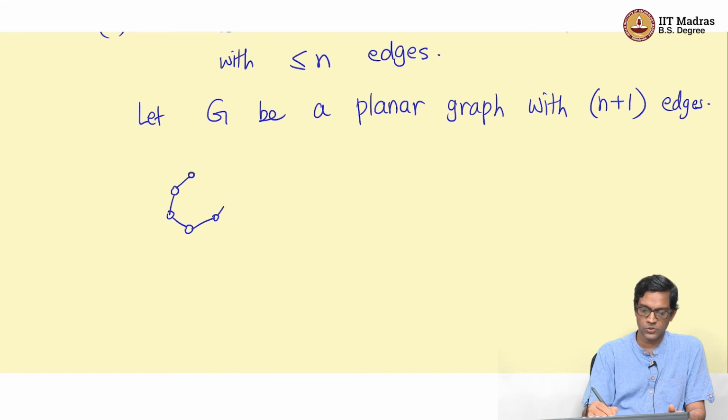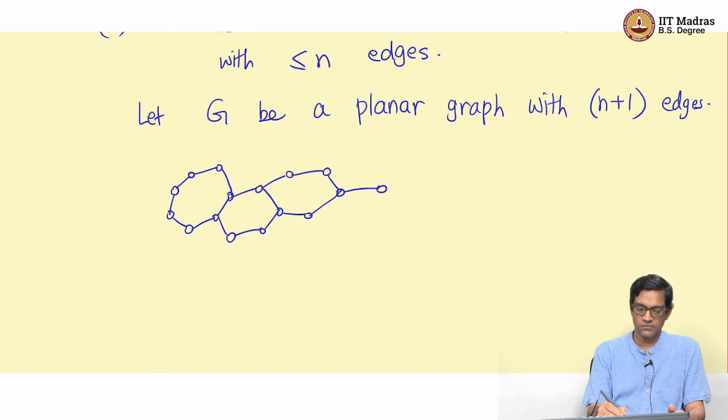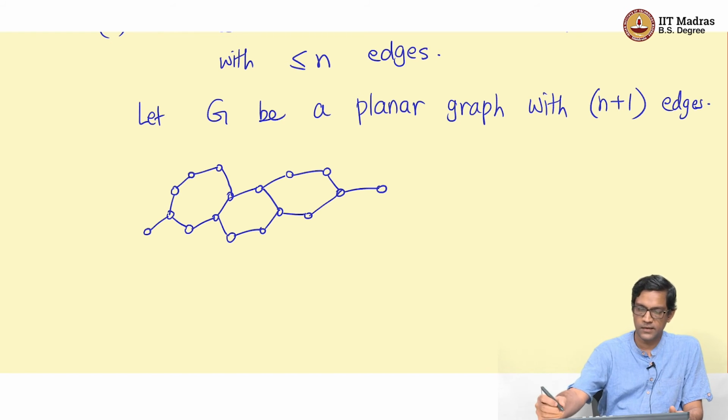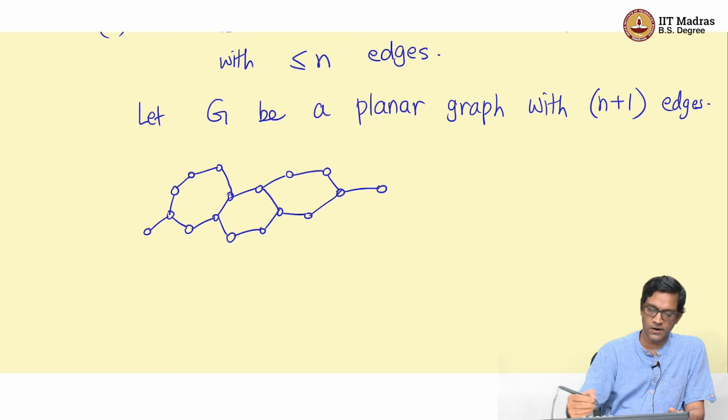If the graph G looks like this, so it's got a cycle, maybe it has many cycles, then the idea is to try and remove an edge from this graph.